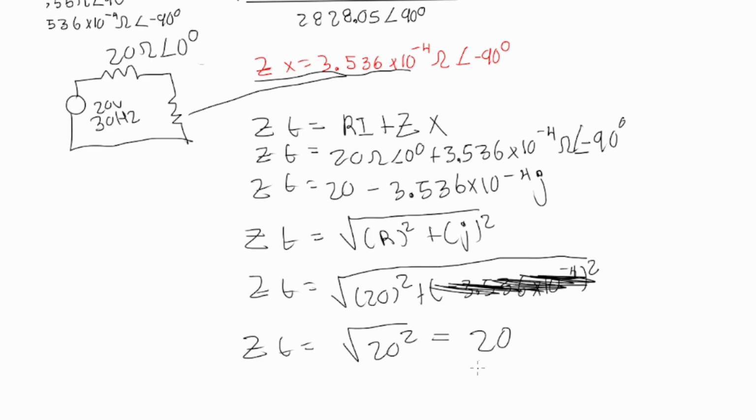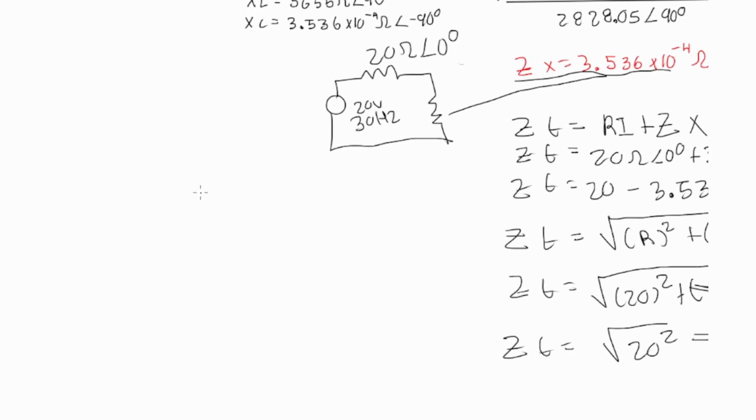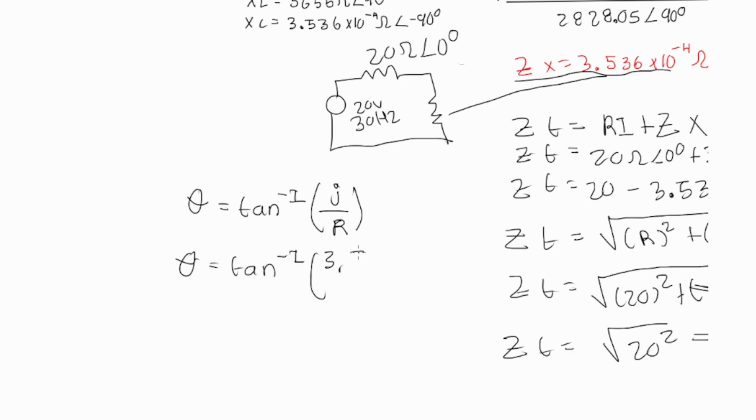And now we have obtained the total impedance value, but now we have to obtain the phase angle. We do this with the other formula we saw in the previous video, where the angle equals the arctan of the imaginary part divided by the real part. So we can say that the phase angle will equal the arctan of this. Don't forget the negative sign.